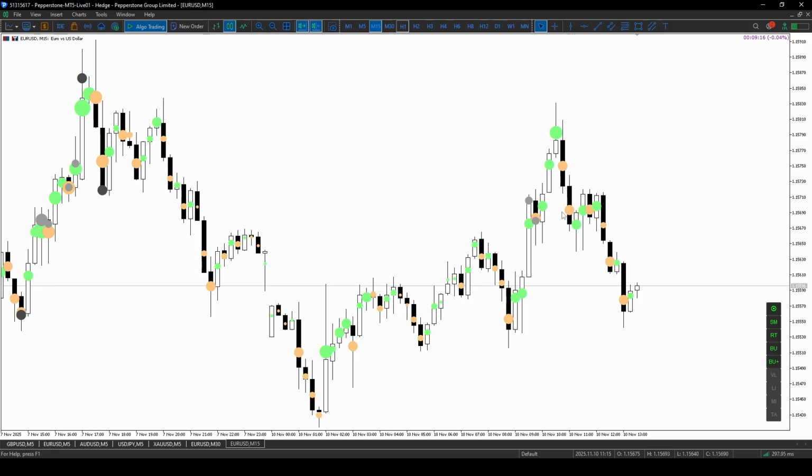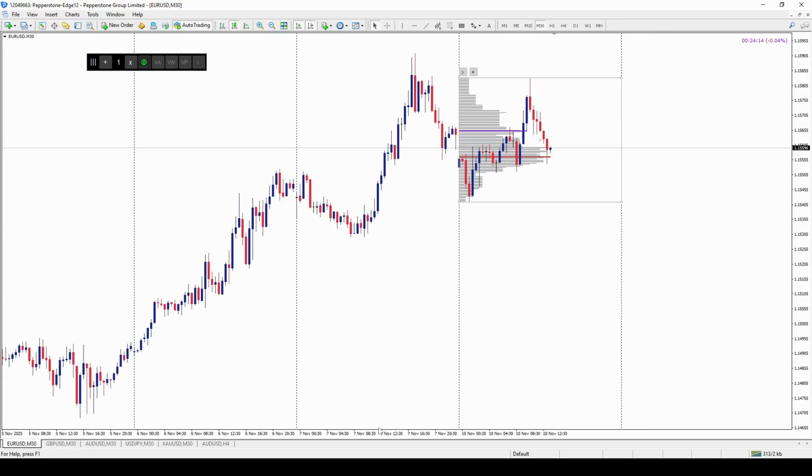Okay, so let me check my area. Price simply respected that POC level, but I'm still waiting for the price to come to that area, and I'm actually looking for absorption, you know.